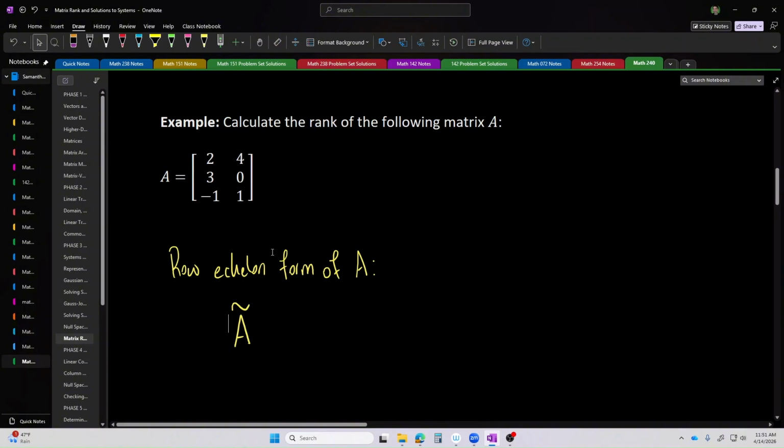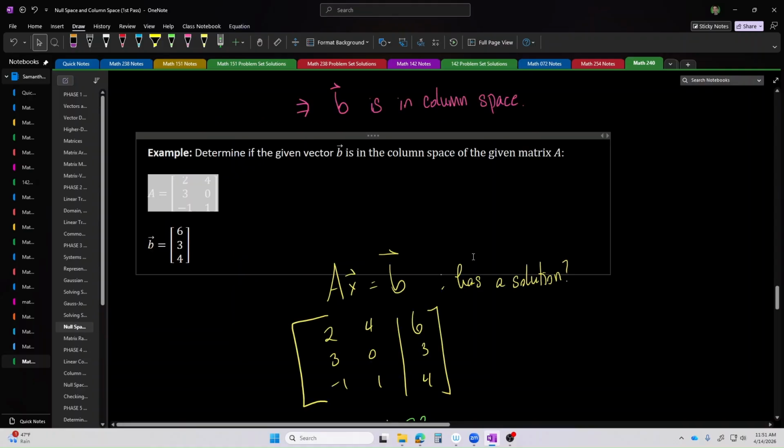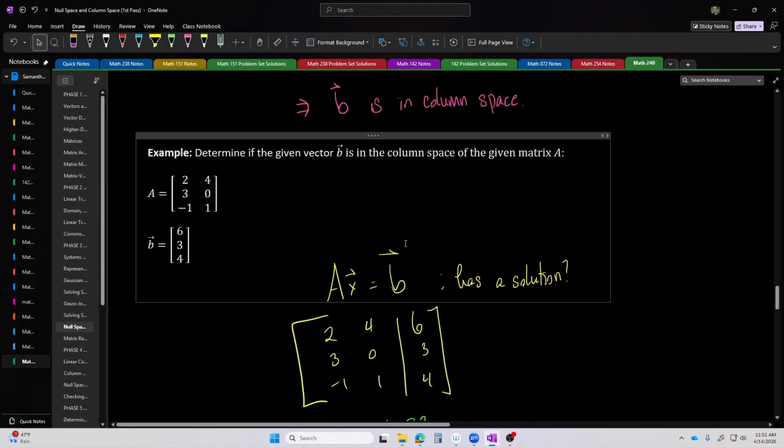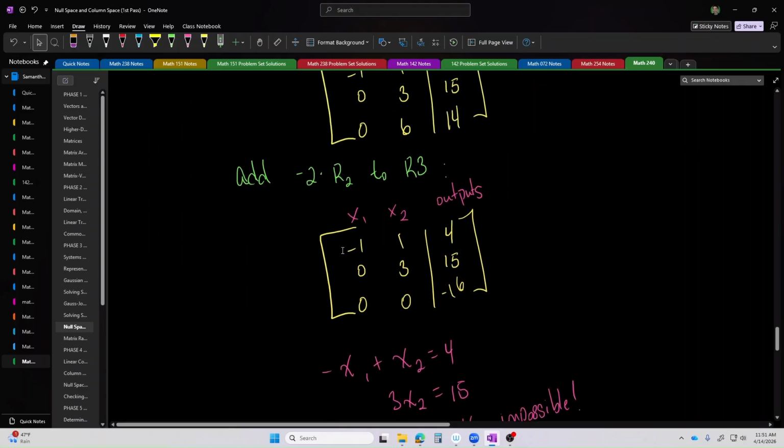Now, we found the row echelon form of the matrix A in yesterday's video. The row echelon form of the matrix A is given by this result down here, the portion of this augmented matrix that's to the left of the bar. This guy on the left is where A tilde lives.